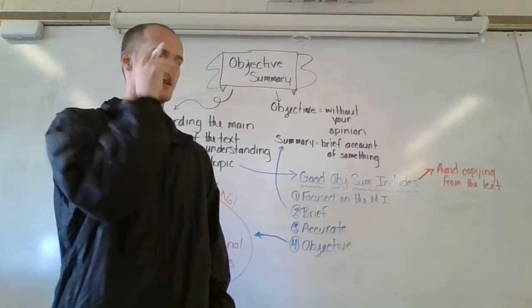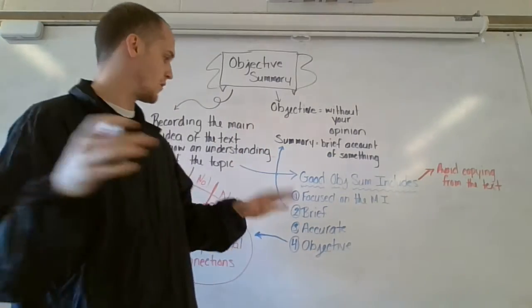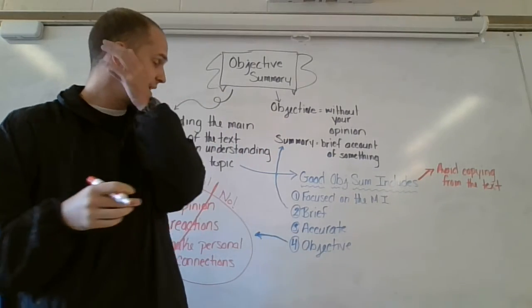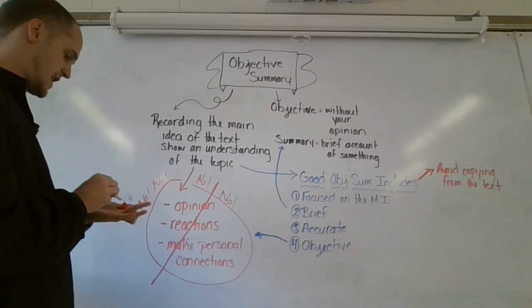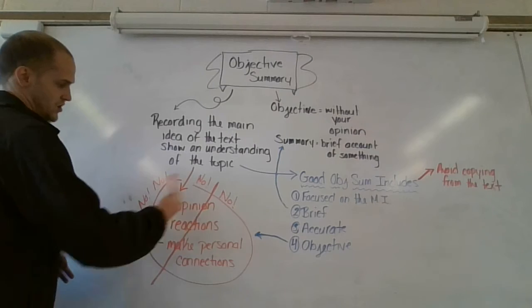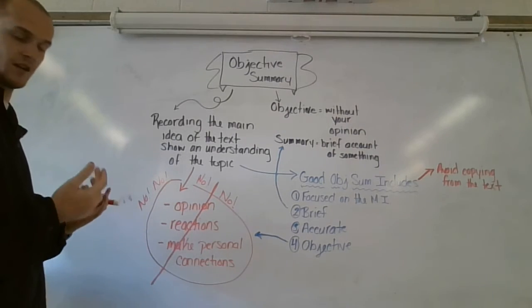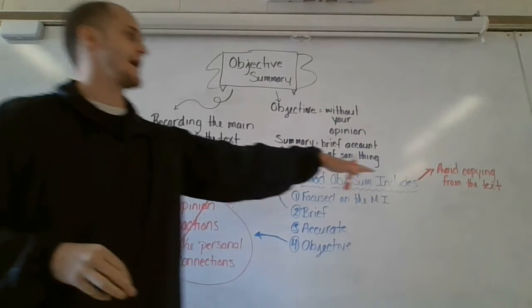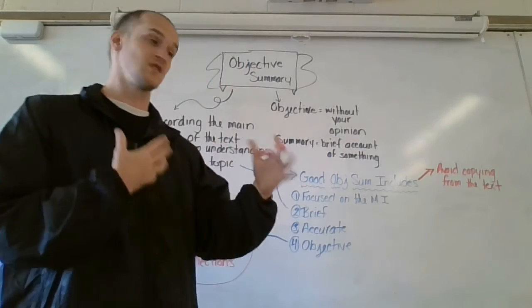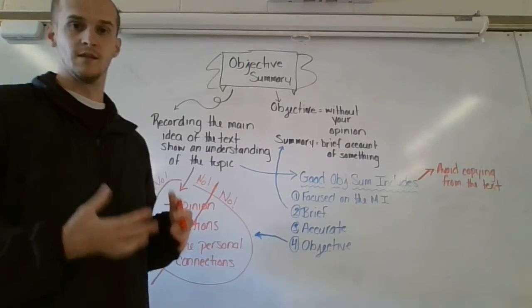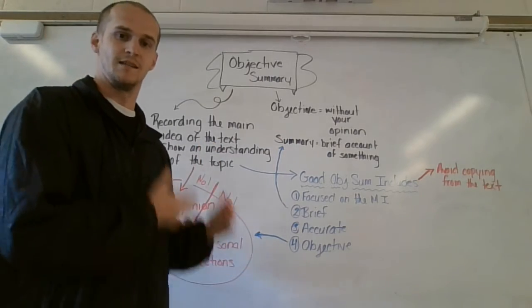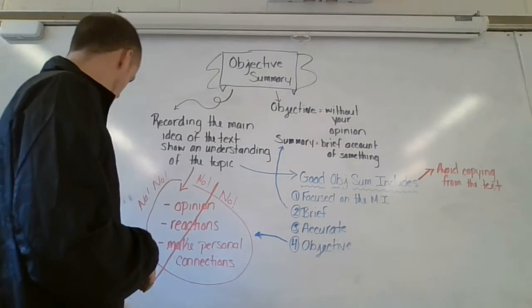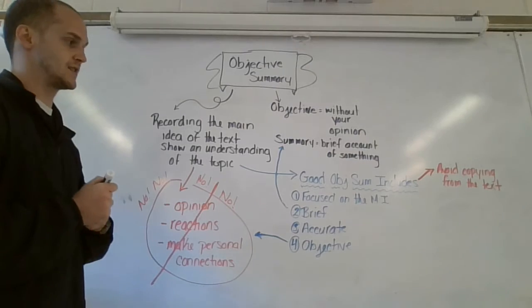Avoid copying straight from the text. It's going to take away from that ability to be brief and to the point. So while we're also not including our opinion, our reactions, and our connections, we're also not copying straight from the text. That's where that summarizing becomes important, because a lot of times when you summarize, it's actually shorter than writing word for word what the text says.